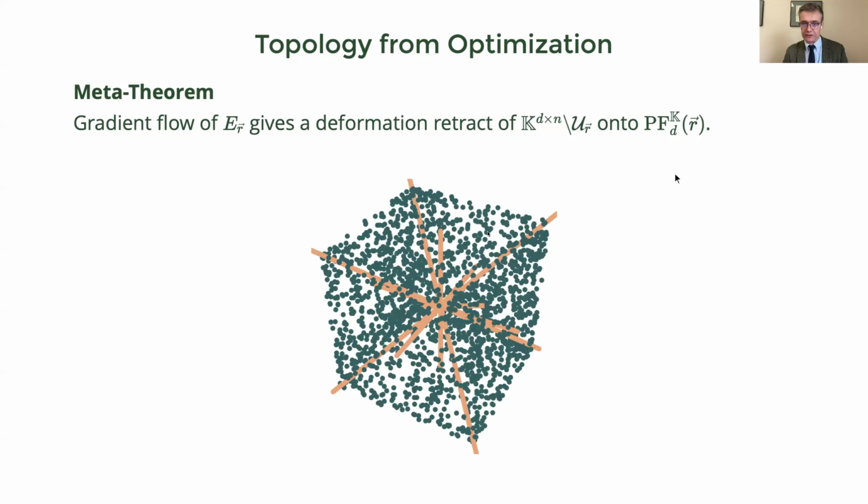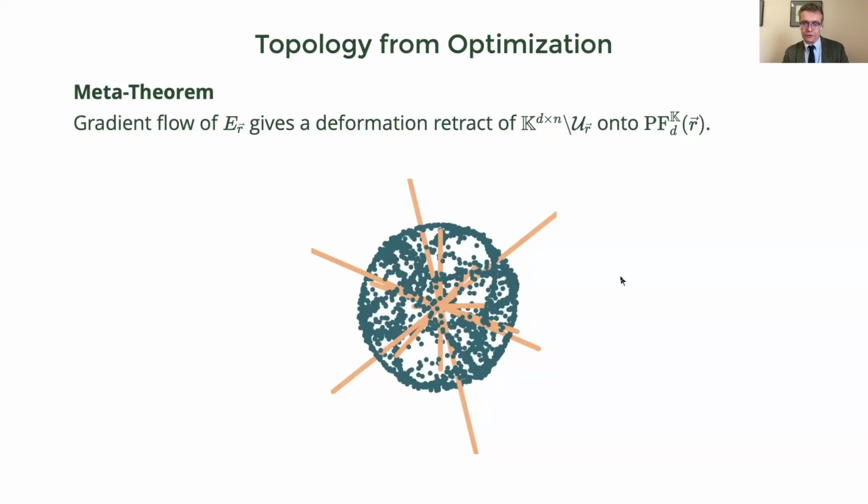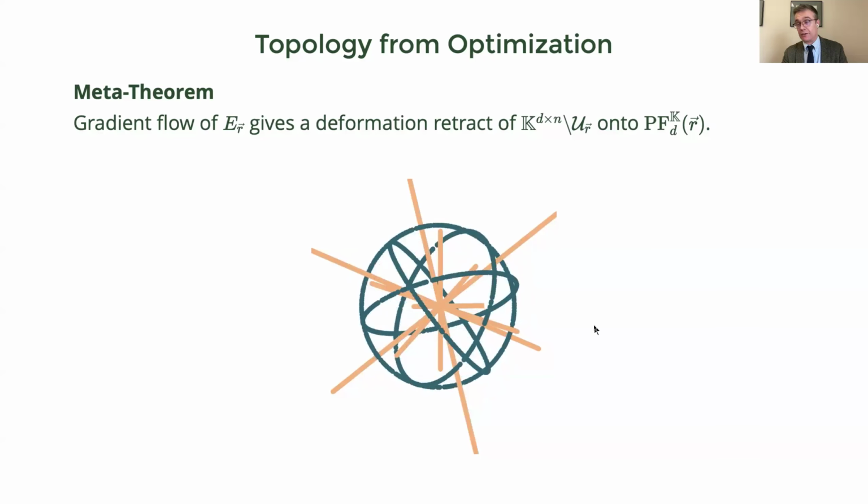And so let me give you another picture. What you're seeing here is the orange is the bad set. Those are the things where the flow is not going to behave well. And then I've just chosen a bunch of random points. If you actually run this, then you flow to the equal norm Parseval frames.